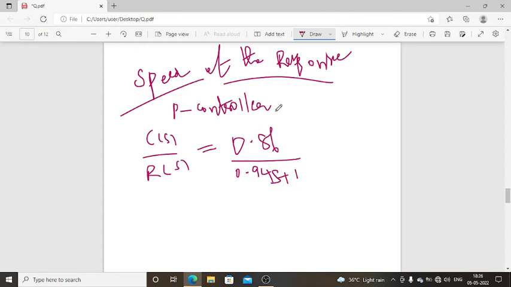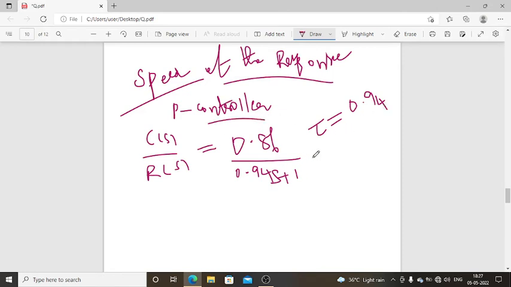So this comes under the first order control system. Why? Because this is 0.94 s plus 1. This is tau s plus 1. So here the tau value is 0.94. This is the speed of the response for the P controller.